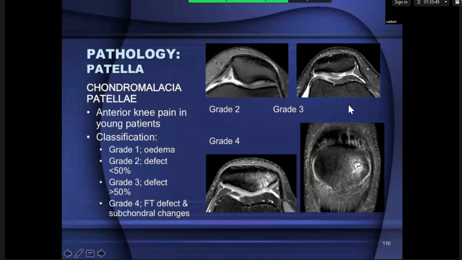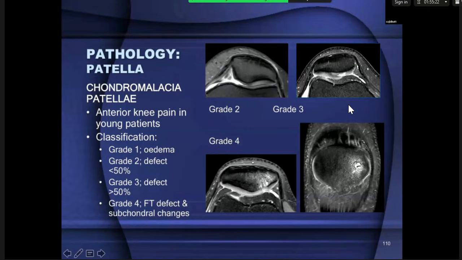So this is what you need to see in terms of chondromalacia. Here, you've got the medial patellar cartilage, which is slightly more bright. So that's softening of the cartilage. Then grade 3 injury is when you've got a partial thickness cartilage defect over here. A grade 4 injury is when you've got a full thickness cartilage defect with significant subchondral bone bruising.